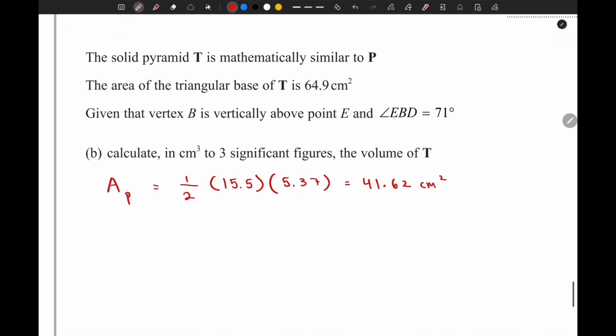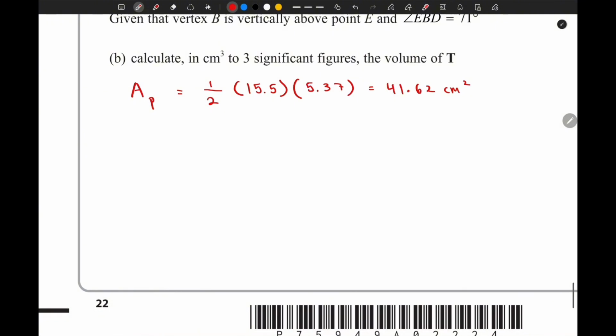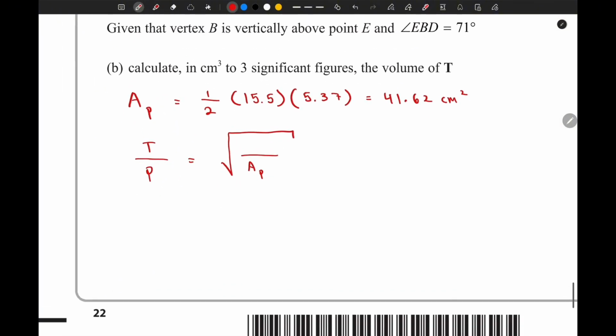Now, since these two solids are mathematically similar, we can say that the ratio of T to P is equal to the square root of the area of T divided by the area of P. The area of T is 64.9 and the area of P is 41.62.